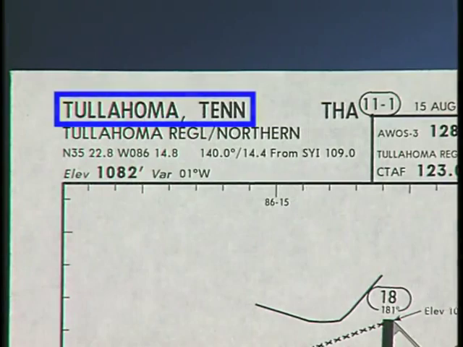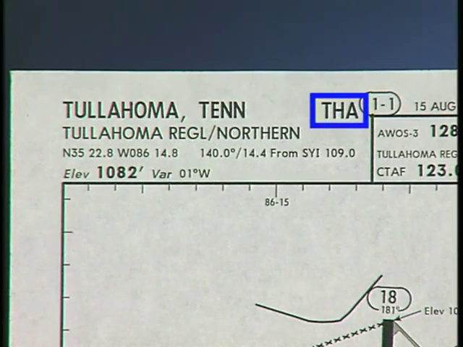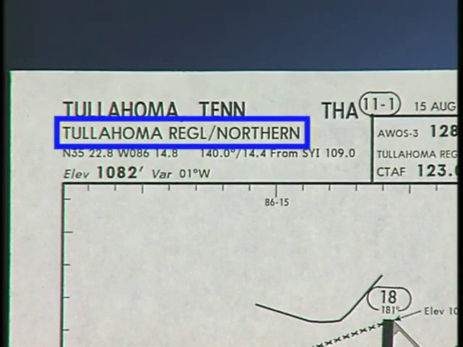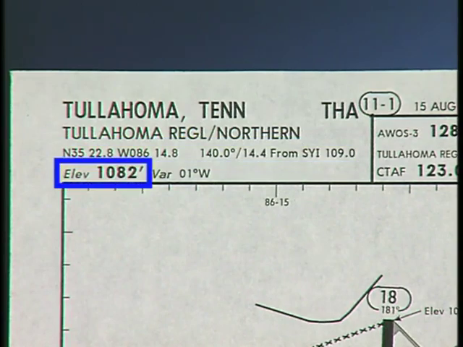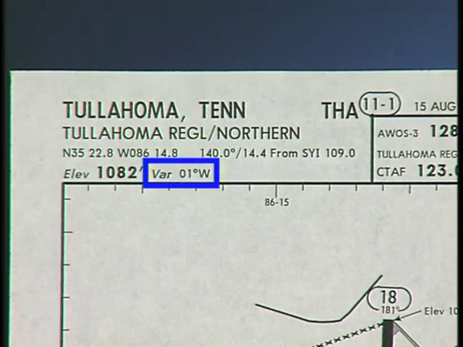The heading contains the name of the city and state, the airport identifier, the airport name, location information such as latitude and longitude, and bearing and distance from a VOR, DME, or VORTAC, the airport elevation, and local magnetic variation.